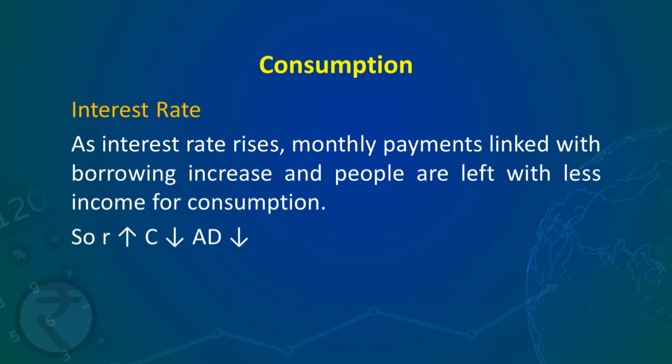So, whenever the rate of interest rises, they have to pay more to the banks to return the money. So, what happens? They would like to consume less or they will be left with less income for their consumption and aggregate demand will fall.